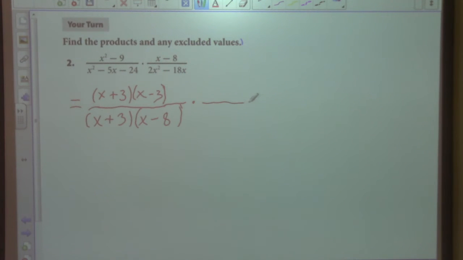Now this x minus 8 right up here, is that factorable? No, it is not. Now this denominator here, is it factorable, and how? Yes. What is going to be our factored form here?